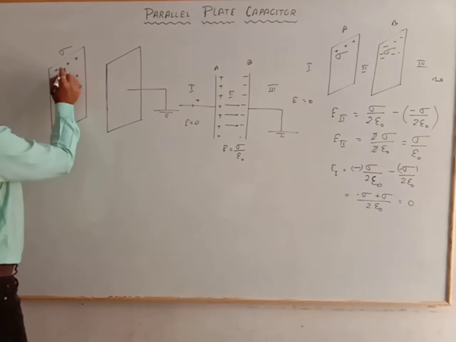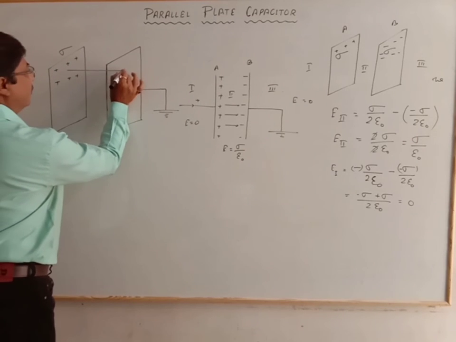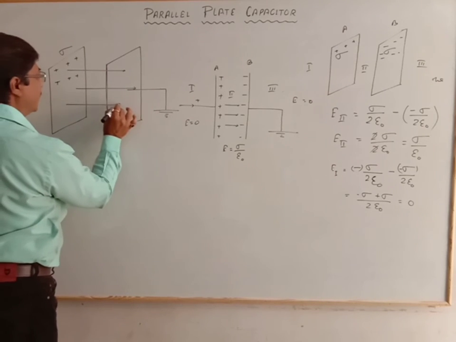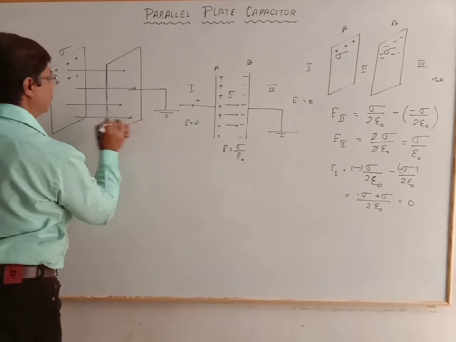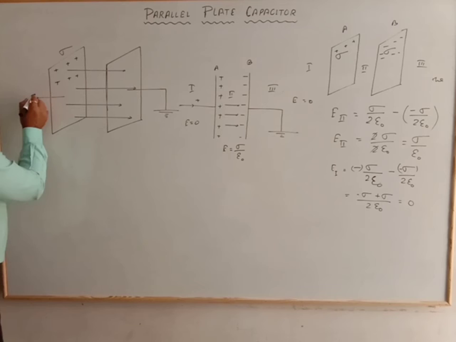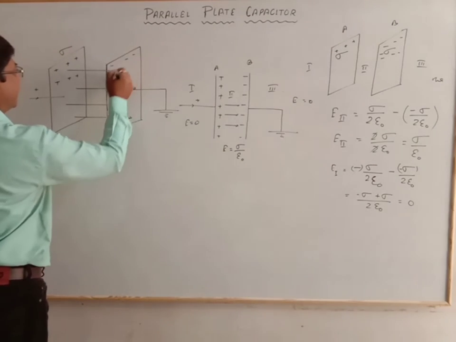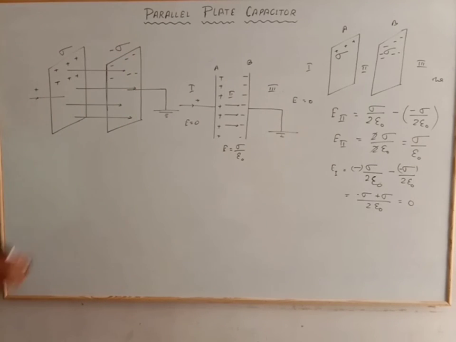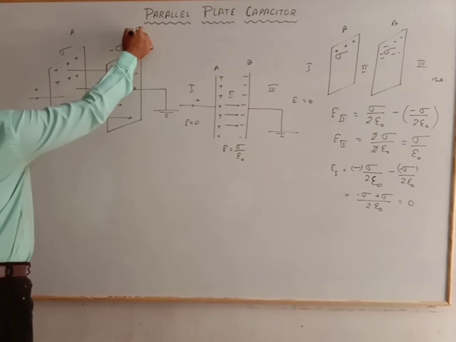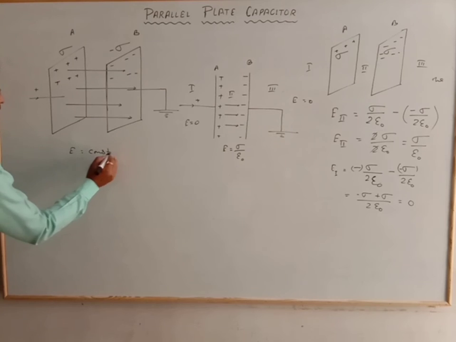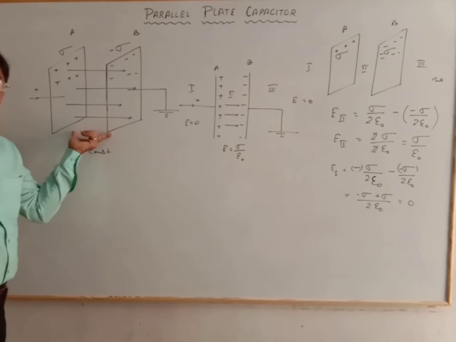In that case, the field lines will be shown here, and these field lines are constant. So the electric field between the positive plate and the negative plate, with minus sigma on plate B, is constant between the two plates.